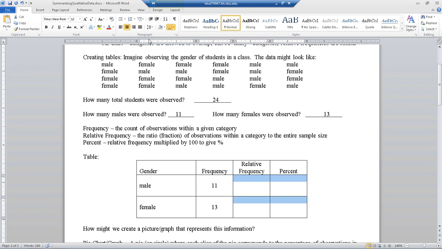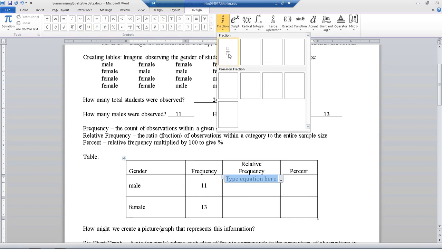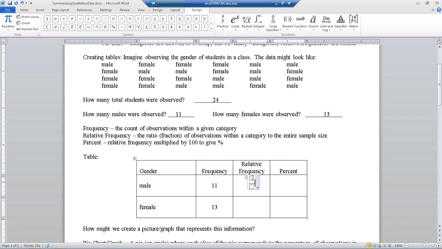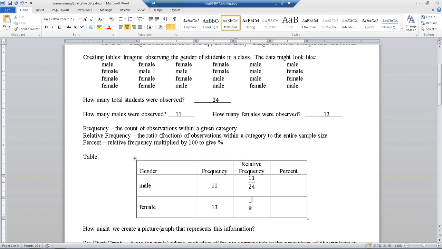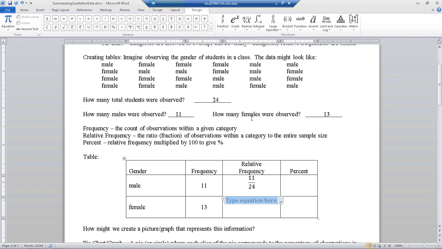Now, for the relative frequency, what I want to do is put in sort of the fraction. Okay, so you can use an equation editor type thing to do this, and then I'm going to put in 11 over 24. Okay, or you could just write 11/24. That would be okay too. And then down here, what I would do is put in the 13 over 24.